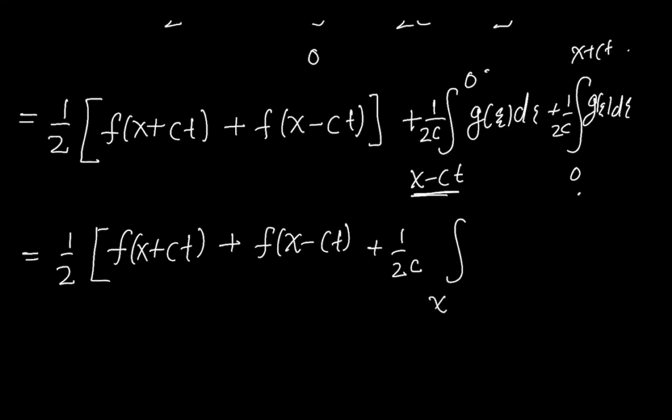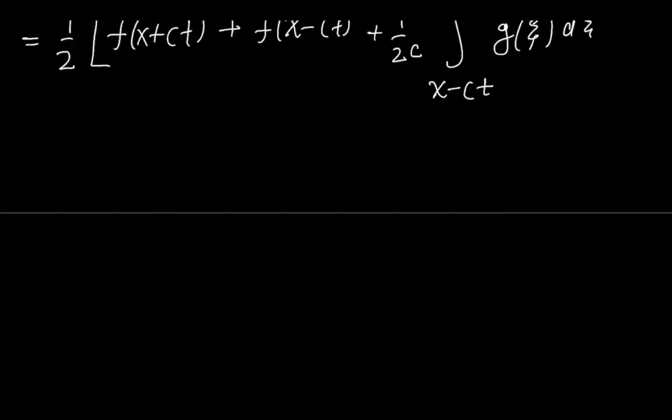So I can just combine them because the integral is the same. Thus this is your final solution: u(x,t) is equal to 1/2, which is a very elegant, well written solution.